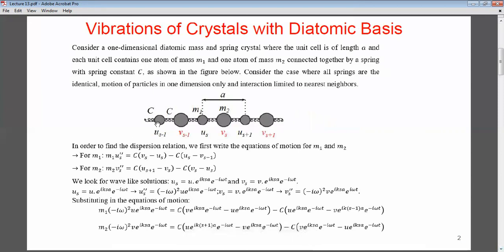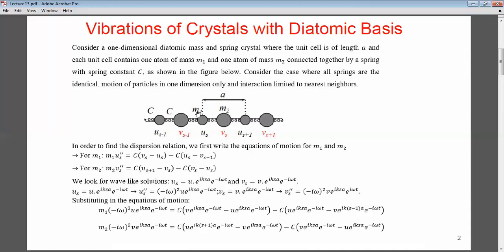So consider it will look something like this. Now, instead of calling them all U, I will have some U atoms and some V atoms. Look here, I differentiated between them by making U smaller than V. They are connected by these bonds, which are like springs that have spring constants C. We will assume that the two atoms have two different masses.